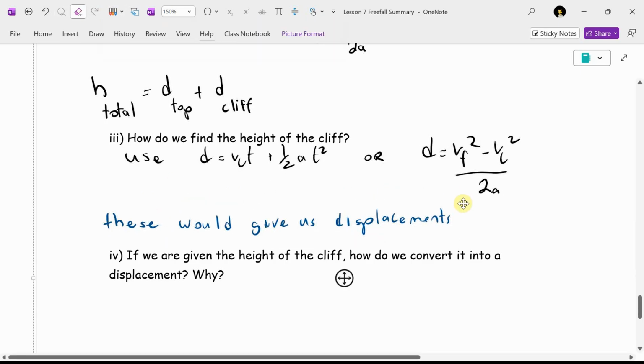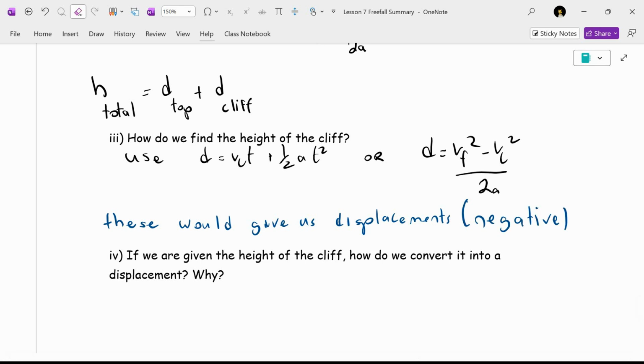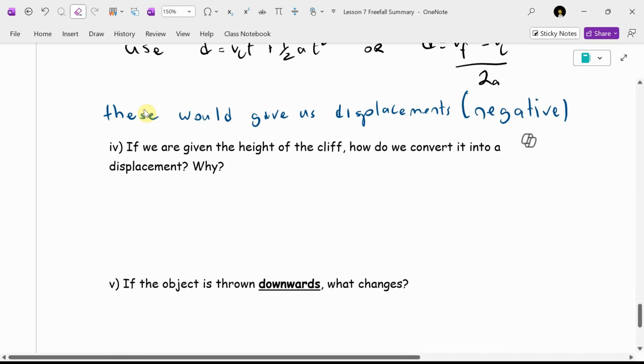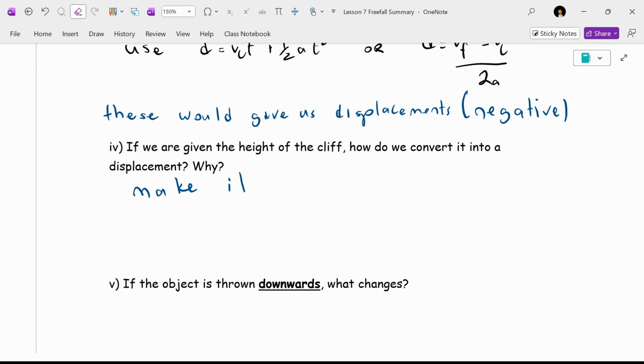If you want to, you can write in brackets negative displacements. And then it says, if we're given the height of a cliff, how do we convert it to a displacement? What if they give us the height? What do we need to do to change it into a displacement? Make it negative.